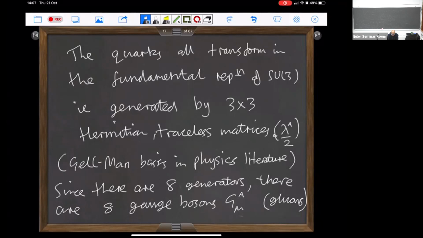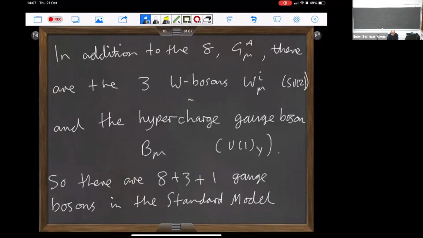So that means that there are 8 independent generators, and therefore 8 independent gauge bosons for SU3, which are the gluons. Then, in addition to those, we've got the SU2 bosons and the hypercharge gauge boson. So we've got 12 gauge bosons in the standard model.